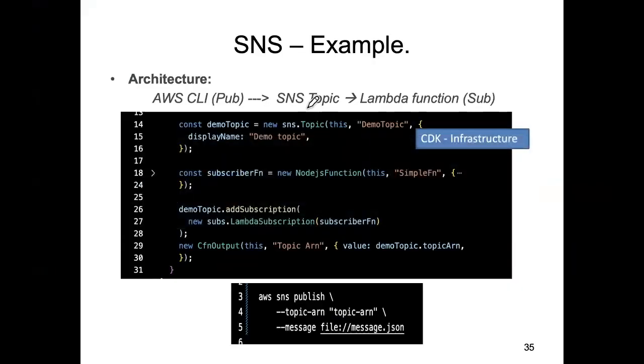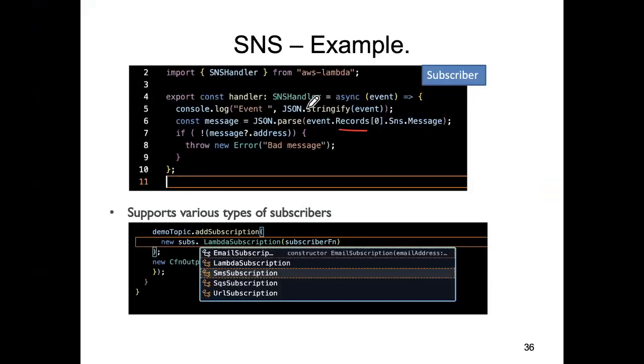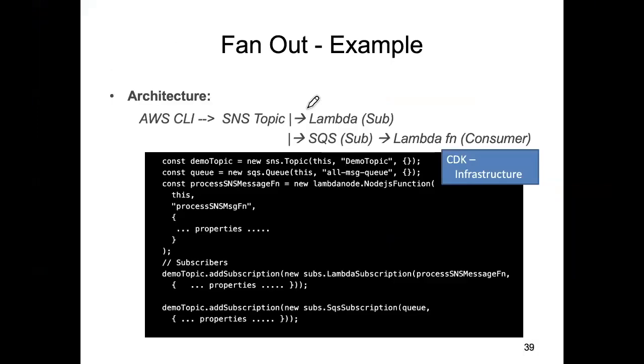Okay, let's get back on track. Hopefully I have shown you this working: I've sent a message to the SNS topic, and I've shown you via CloudWatch that this Lambda was triggered, which we would expect because it's a direct subscriber.